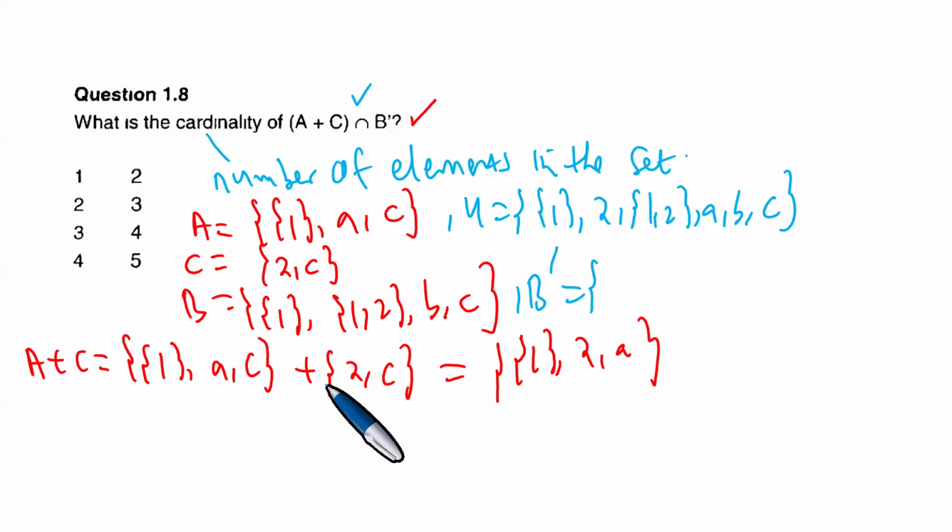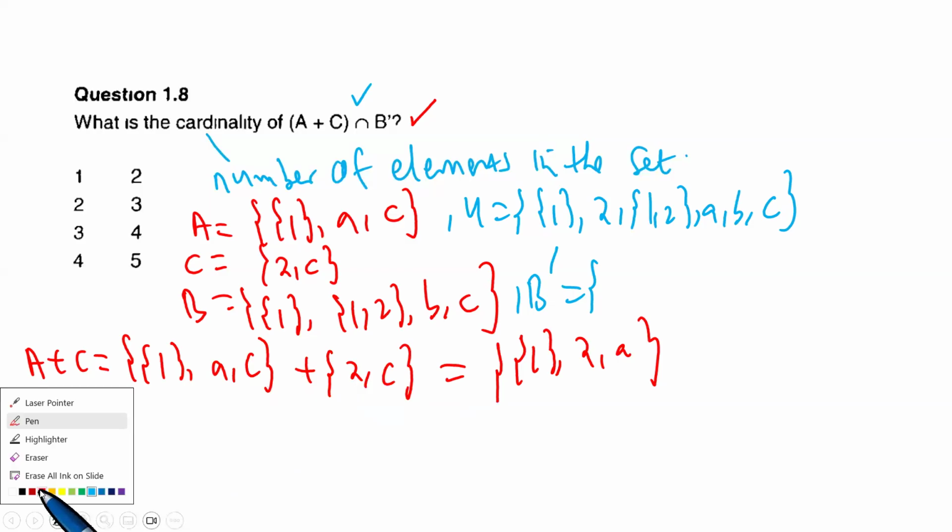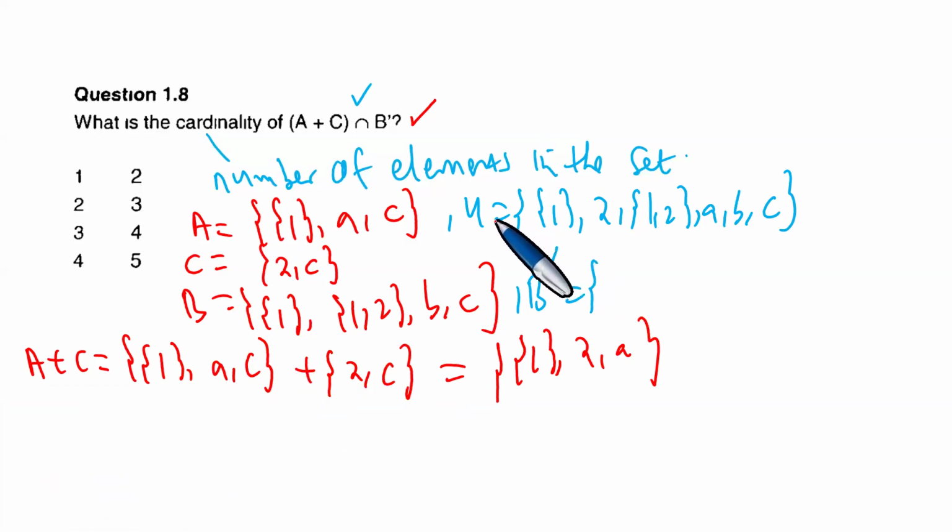So what is B complement? We go straight to the U, and looking at the U, we cross out the elements that are there. 1 is common, so we remove it. Then we have the C, we remove it. We have the B, we remove it because it's there. We removed 1, we removed B, we removed C, we removed 1, 2. And then we have 2A.